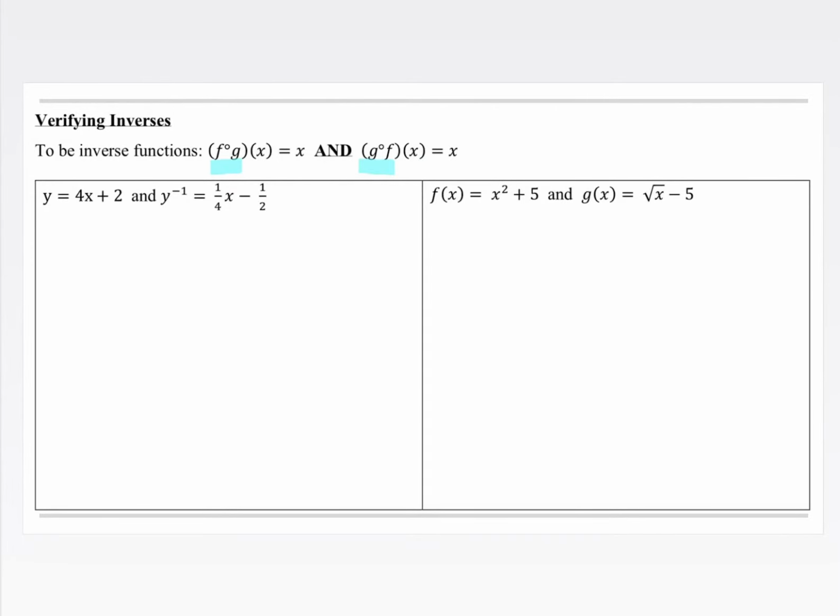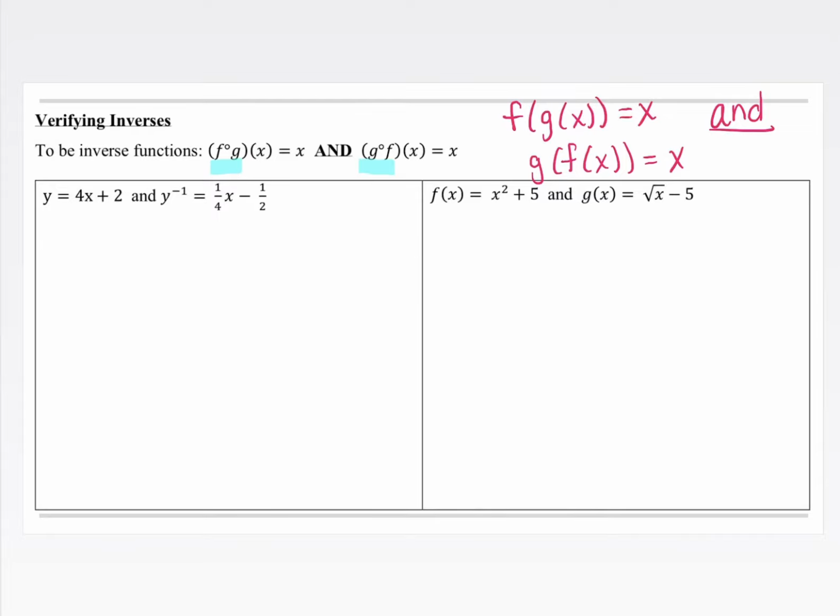In other words, we can rewrite this as f of g of x gives me x and g of f of x equals x. I like seeing it the second way because it provides more of a visual representation for which are my inner functions and which are my outer functions.